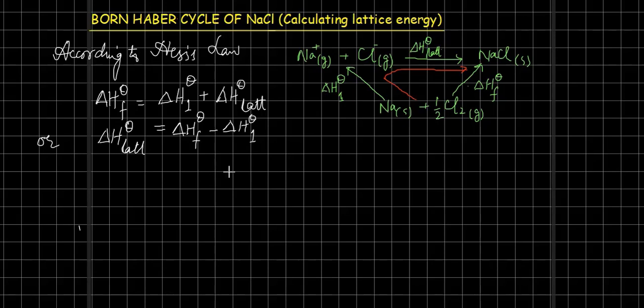So we can extend it to calculate the standard enthalpy change: in one step you change sodium into sodium gaseous ion, and in the second step you change chlorine, and then combine both calculations to get standard enthalpy change 1, right?